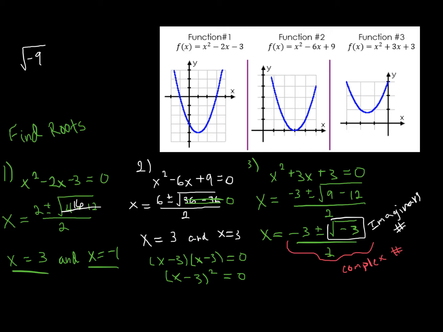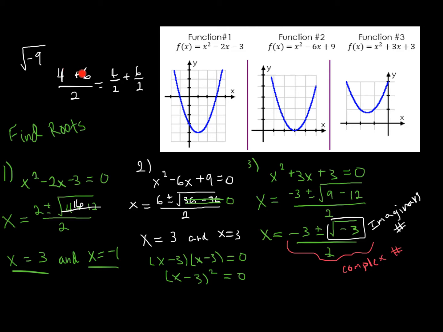I'll give you an example to illustrate this. If I have 4 plus 6 divided by 2, that is the same as 4 divided by 2 plus 6 divided by 2. And you can check this.